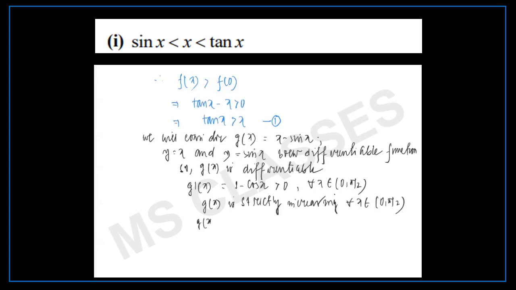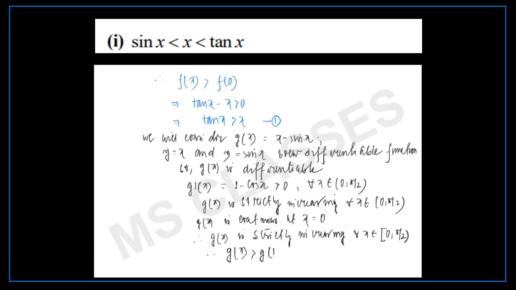g(x) is continuous at x equal to 0. Therefore, g(x) is strictly increasing for all x belongs to 0, pi by 2. Therefore, g(x) greater than g(0), and this implies x minus sin x greater than 0, so x greater than sin x.